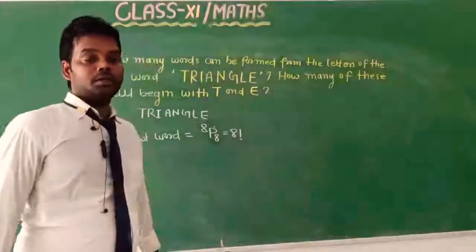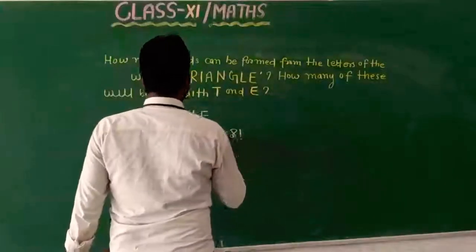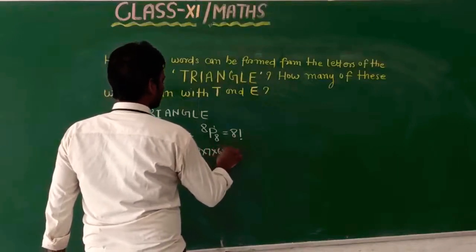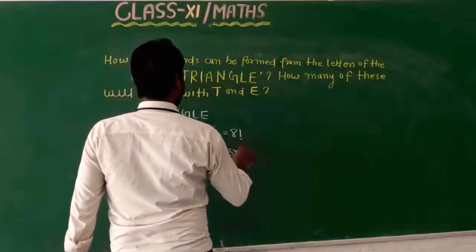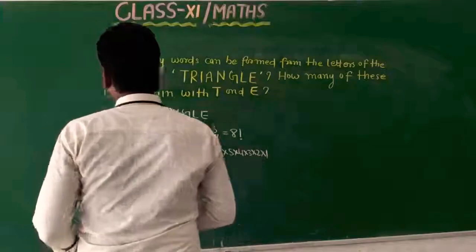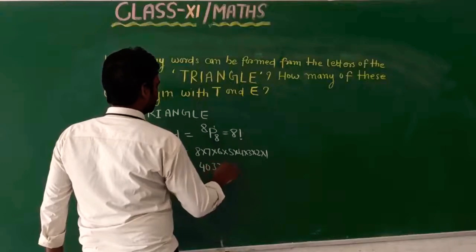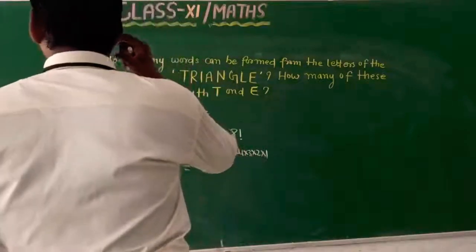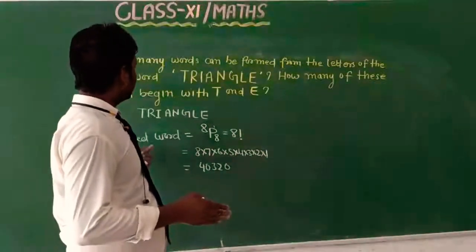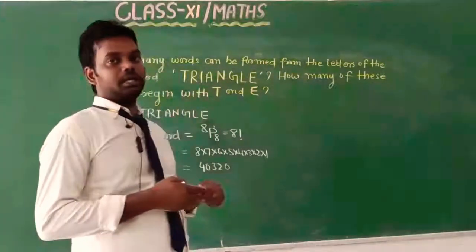Now simplify: 8 into 7 into 6 into 5 into 4 into 3 into 2 into 1, and after multiplication we get 40320. So this is the number of words that can be formed by the letters of triangle.